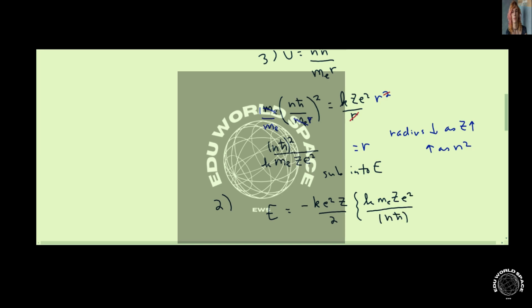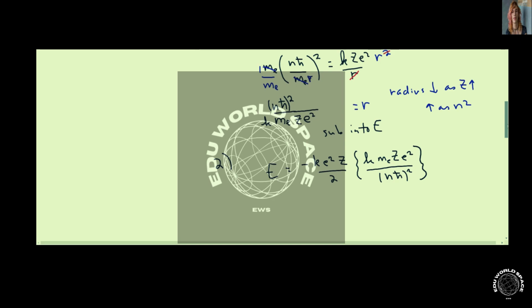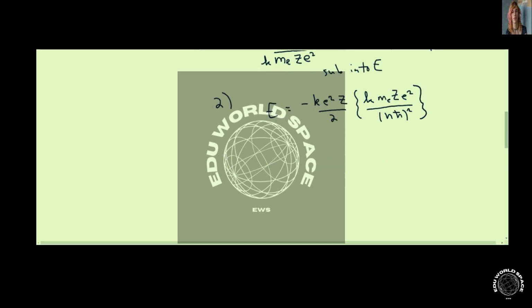And I'm already feeling pretty good because the denominator goes as n squared. Oh, yes. And so now simplify it a little bit, clean it up. There's all sorts of things that show up squared. The k comes squared. e squared is squared. The Z is squared. And there's an h bar squared. And then there's m_e over 2 times n squared.